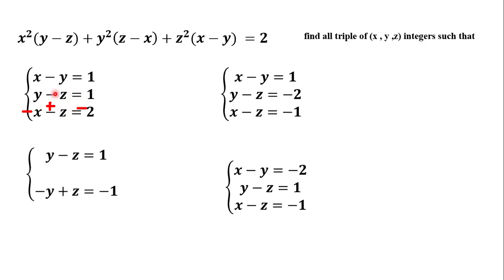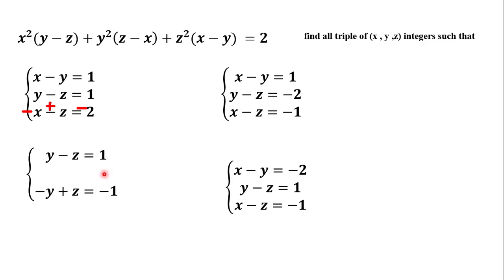The second equation remains. As you can see, if we multiply y minus z equals 1, this equation, by minus 1, we get minus y plus z equals minus 1, and these two equations are the same.